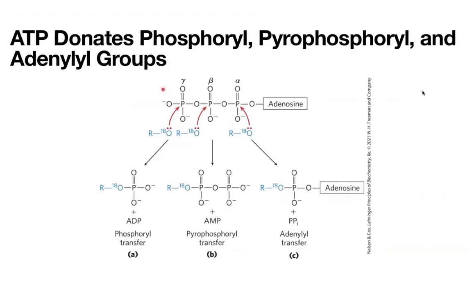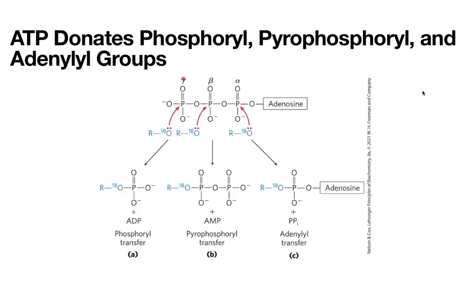Phosphoryl is basically just these 3 oxygens on a phosphate. If it were a phosphate, it would be transferring all 4 oxygens, but one of the oxygens is from the original attacker. So you're transferring a phosphoryl group.